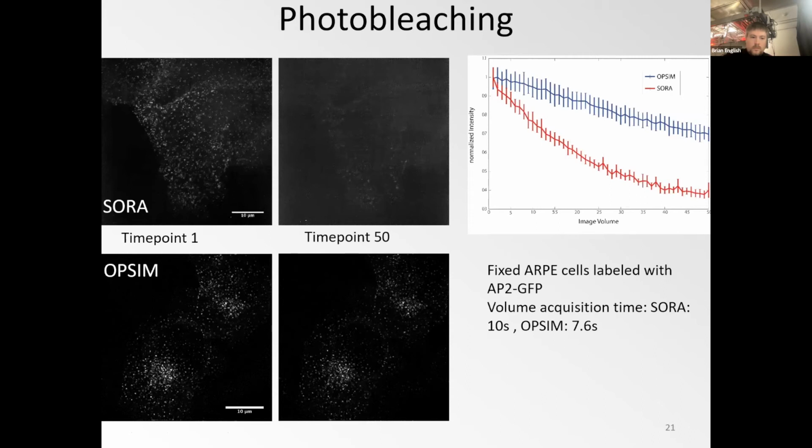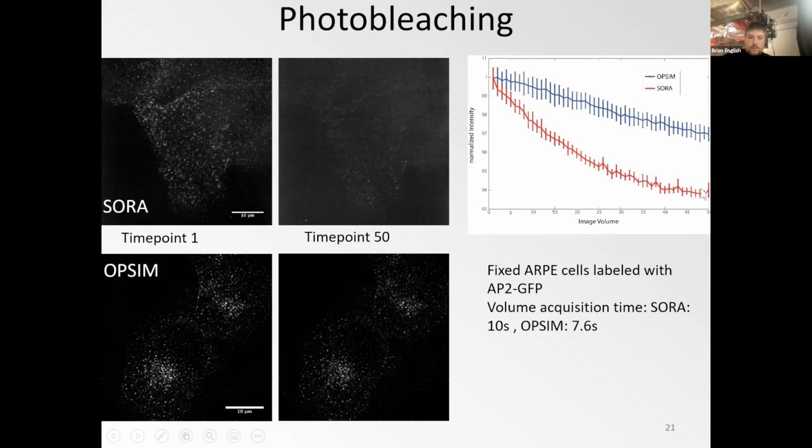So here we imaged AP2 adapter proteins that go onto clathrin-coated vesicles, and imaged 50 volumes, both with the SoRa and the OPSIM, and then compared the intensity decay of, say, the 30 brightest spots.